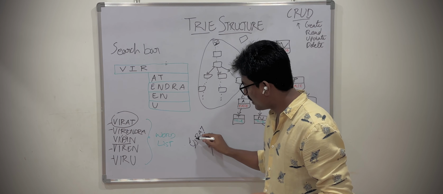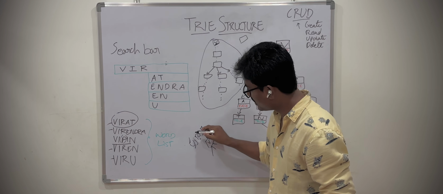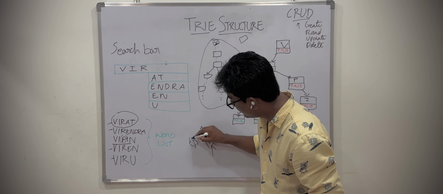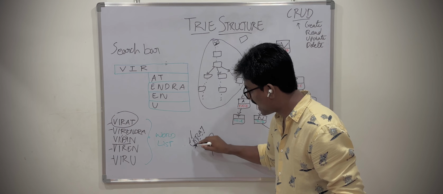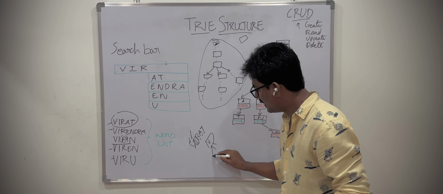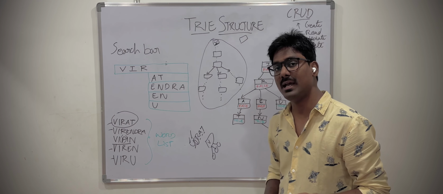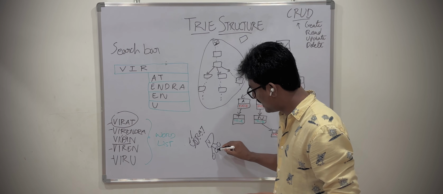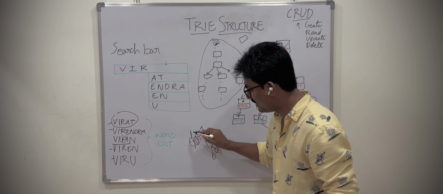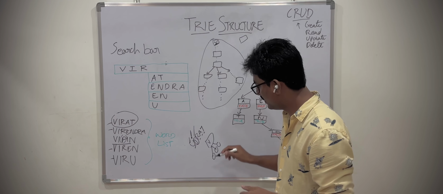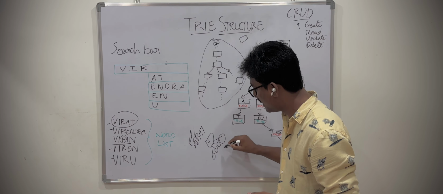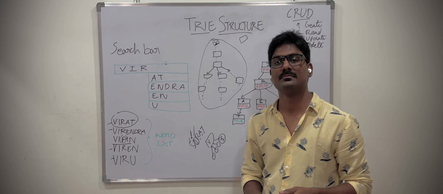Since this is matched, we will take the next character and try to search the character value among the children here. If it is matching, then we will strike off this and simply go to the next character. If it is not matching, then we will just add another character here.